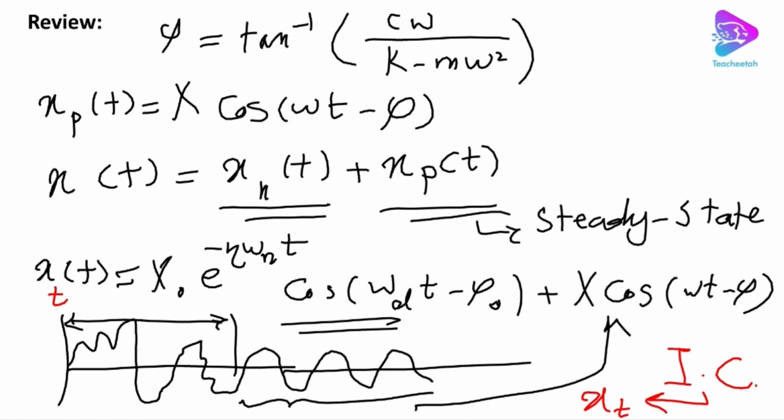It is very important, and a common mistake made by many students, that when they want to find, for example, x naught or phi naught, they apply it to only one part of the solution, but you have to apply it to the total response, right? Because you want to find x naught and phi naught. In the example today, we will show how to use that to find the components of the system using the initial condition.